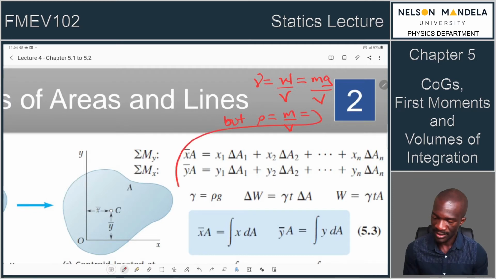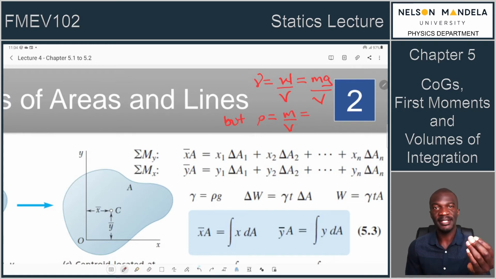When we have an object with some weight, we can express its weight in terms of the specific weight, because the specific weight is just a weight per unit volume. It will not change, right? So the specific weight is a ratio that we can use.